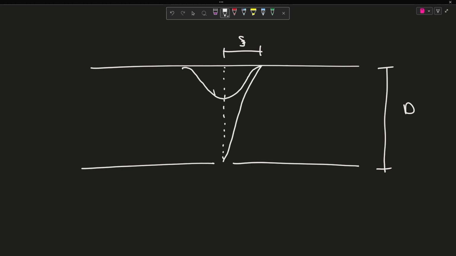Then if you just draw a triangle here, and call this theta, tan theta is equal to S over D. So you can use that to find theta.